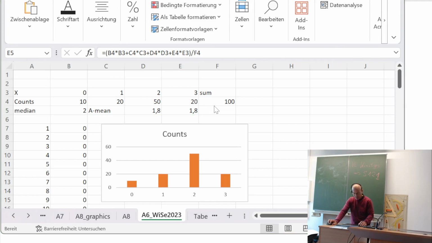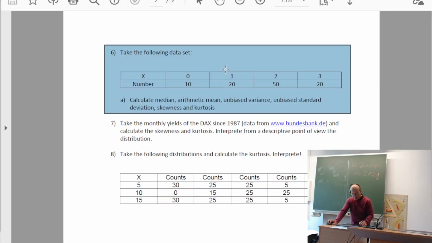So what else should we calculate? Unbiased variance, unbiased standard deviation and skewness.